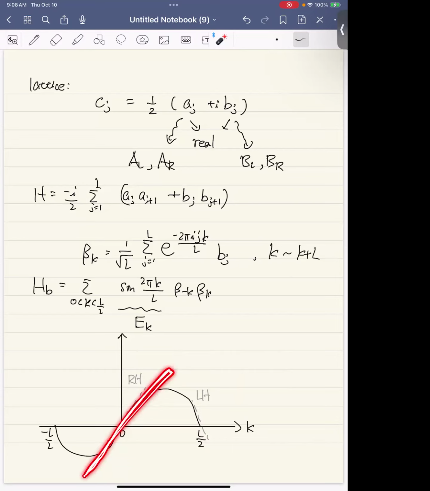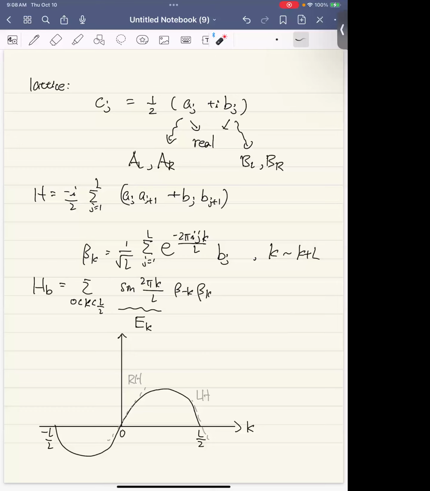But that's impossible on the lattice. On the lattice, everything has to be periodic in the lattice momentum, so eventually you will go back down. And that's the doubling problem. If you start with one single fermion, you actually get one right mover and one left mover in the continuum.